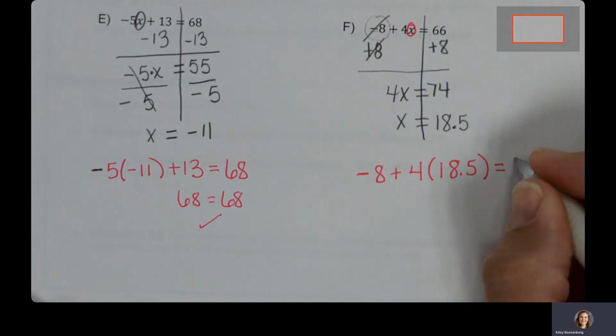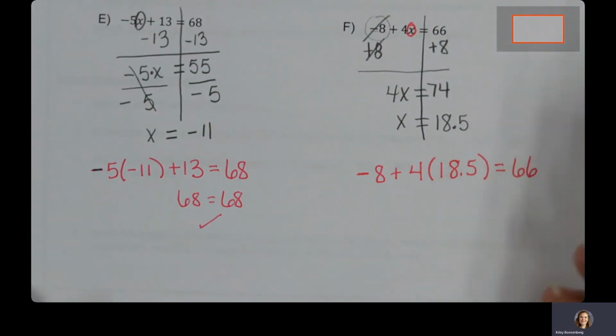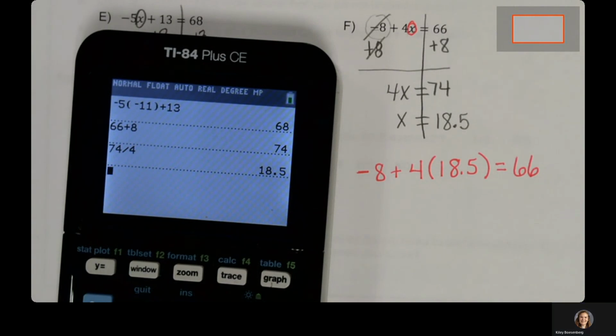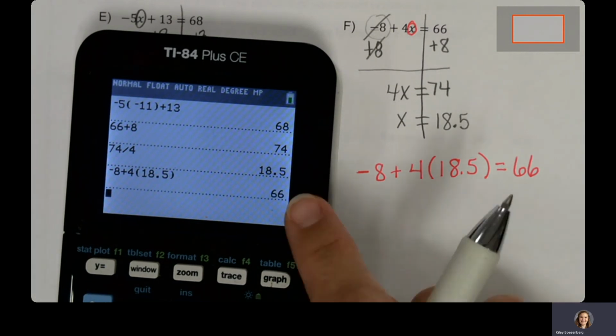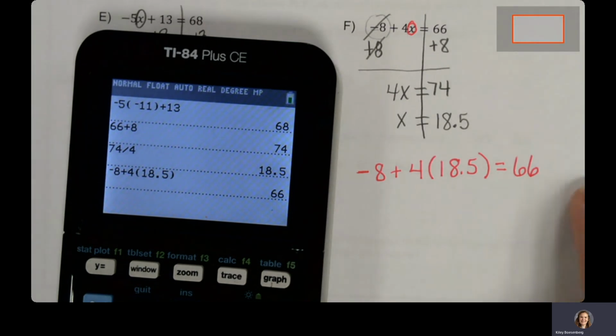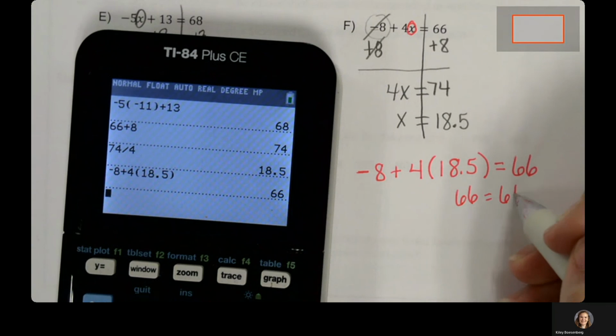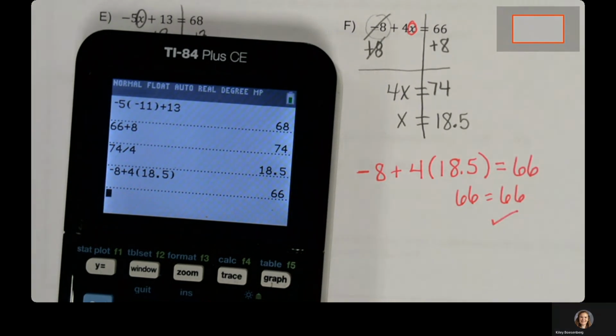And I'm trying to get 66 when I put that into my calculator. So we'll go negative 8 plus 4 times 18.5. And when you hit enter, you're looking to get the number 66, which I did in my calculator.